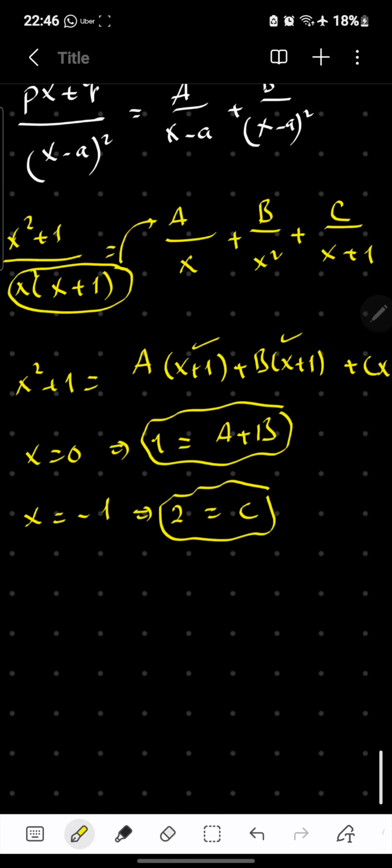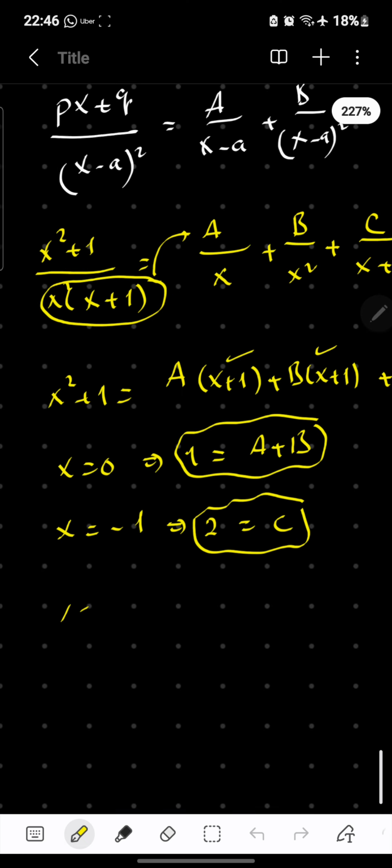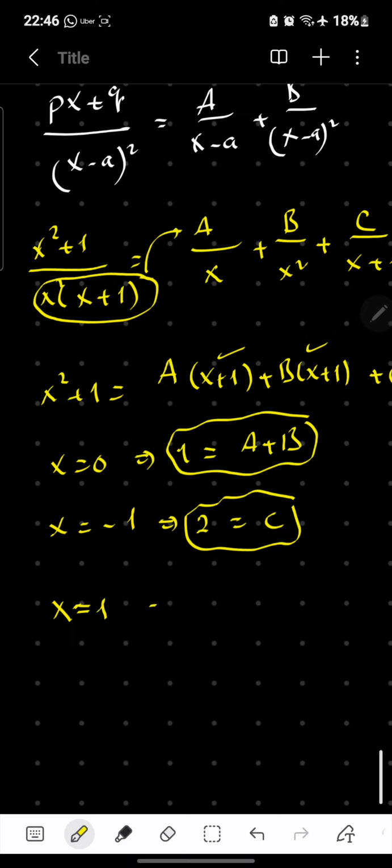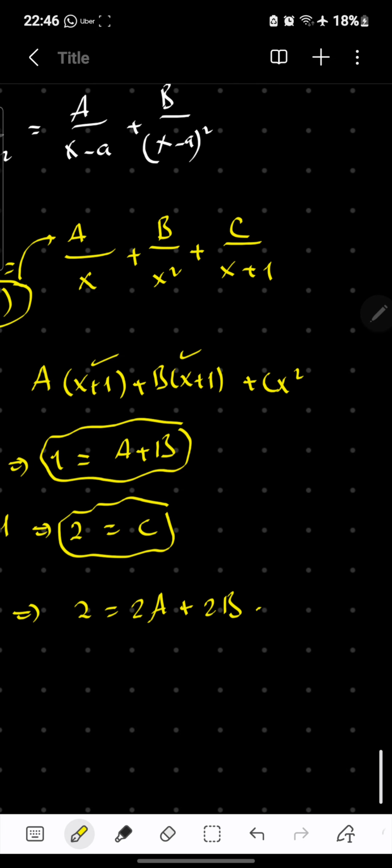Okay, let's try another one, x equals 1, a simple one. It will be 2 equals 2a plus 2b plus c, which is 2. So it will be 2a plus 2b equals 0, a plus b equals 0.